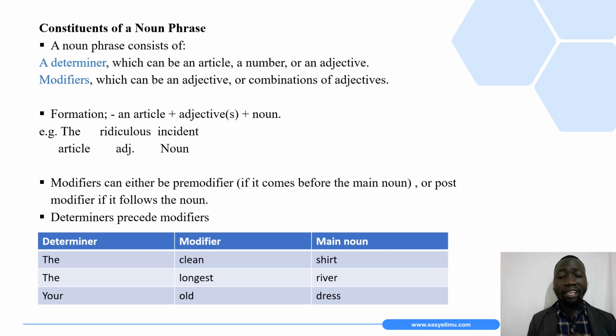So there is a determiner, longest is a modifier, then we have our main noun or the head word, that is river. Then in our last example, that is the last noun phrase that we have, it is your old dress.